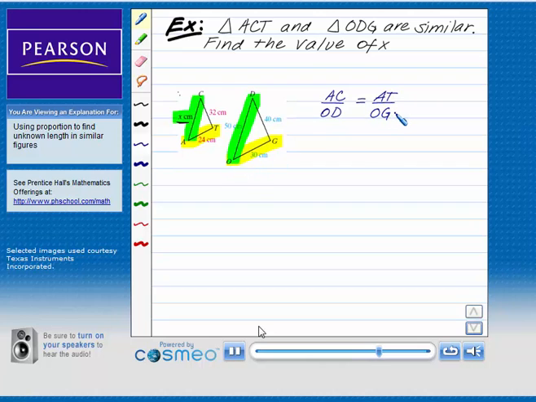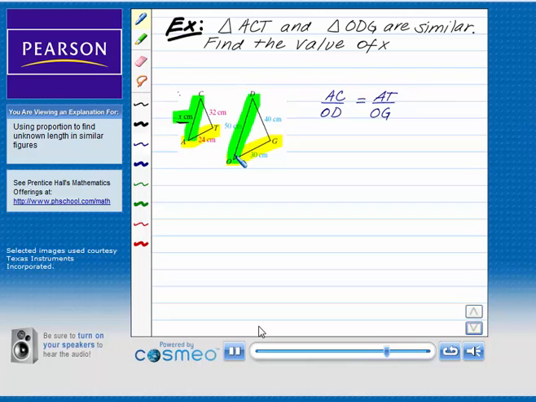Now you want to make sure that when you write corresponding side to corresponding side, you'll see here in my smaller triangle, both my side lengths are in the numerator of my ratios. And in my larger triangle, both my side lengths are in the denominator. So those need to be consistent. We need to have consistent ratios.